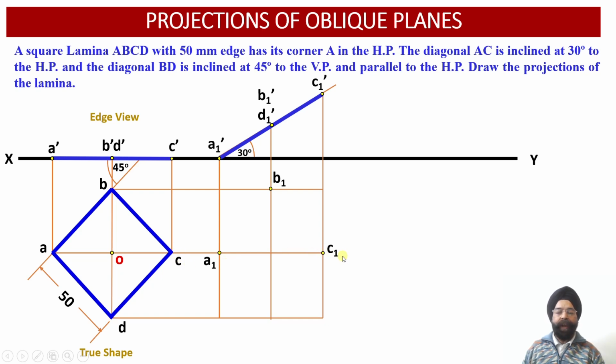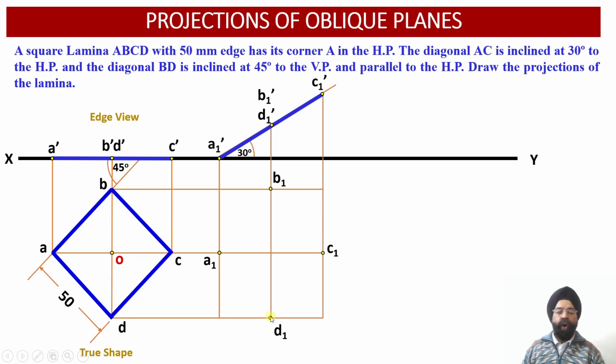So we obtain point C1. Then the fourth point, D1. In order to locate the corresponding point D1 in the top view, we have to draw the vertical projector through point D1 dash in the elevation, and extend this vertical projector till it intersects with the horizontal projector line drawn through the point D of the plan of the previous view.